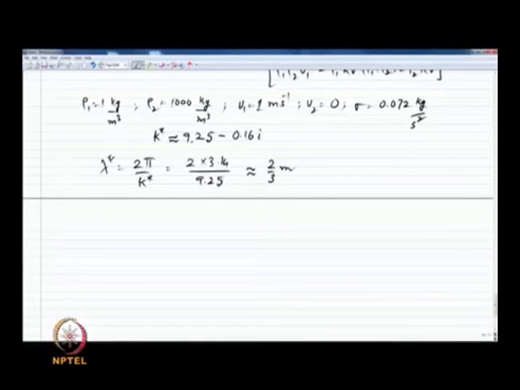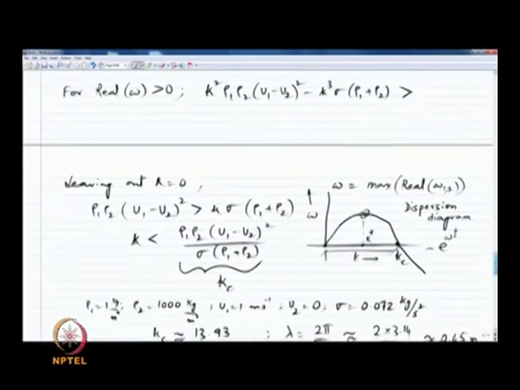which means that if I were to do an experiment, and imagine the experiment had access to all wavelengths of instability, so all wave numbers of instability, and all of them grew with their respective omega, as was shown in the dispersion diagram here.